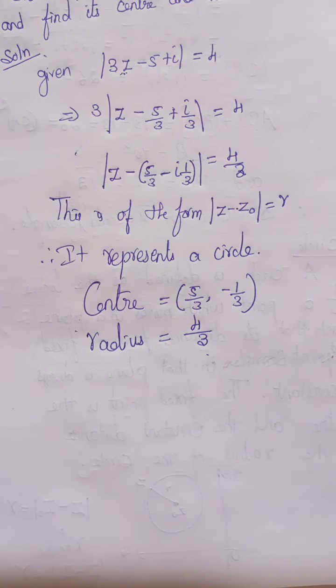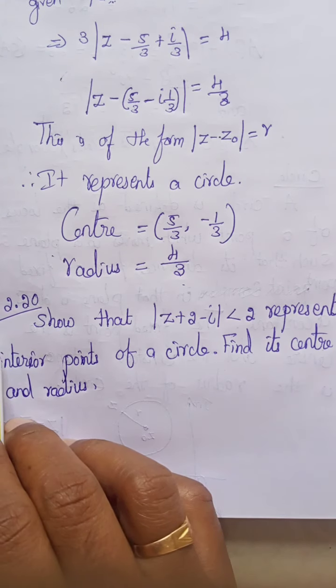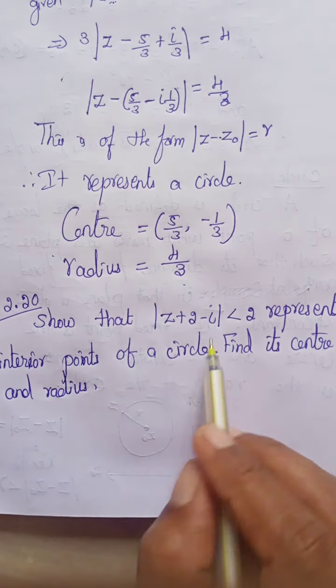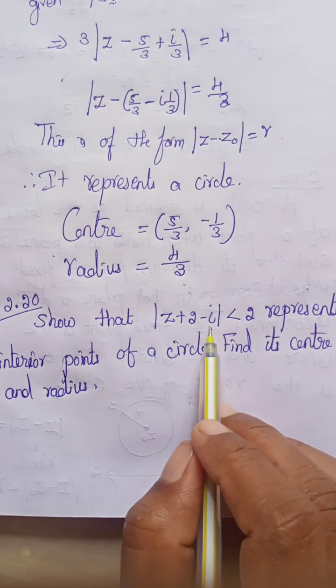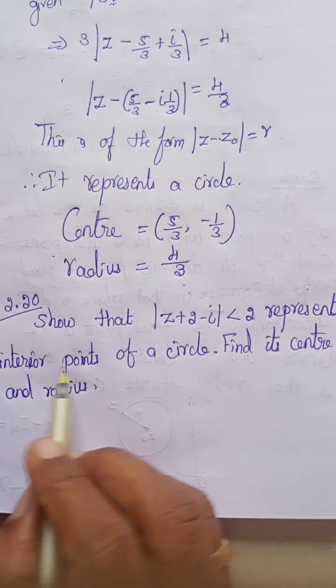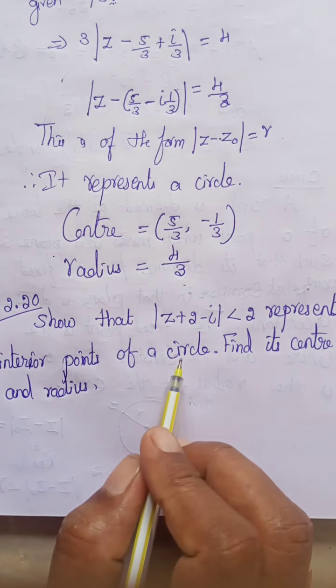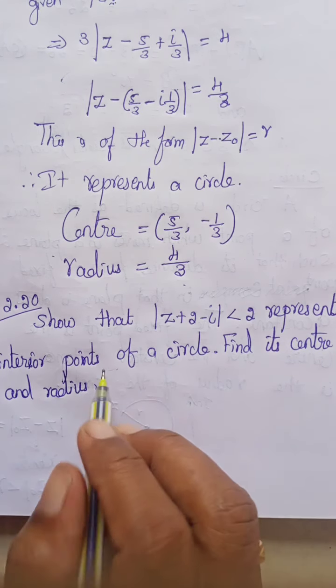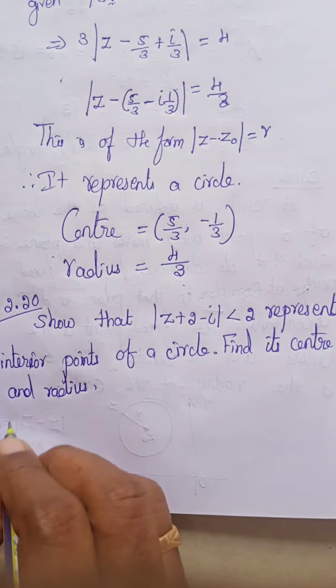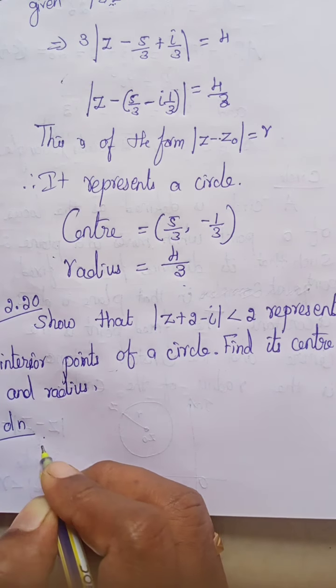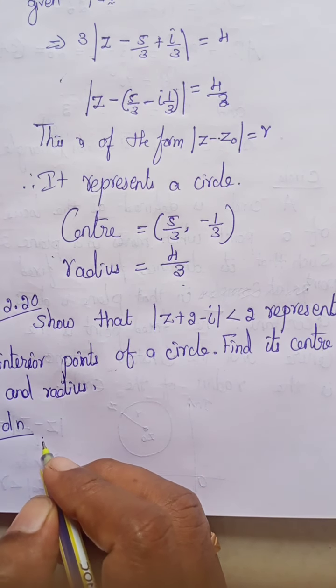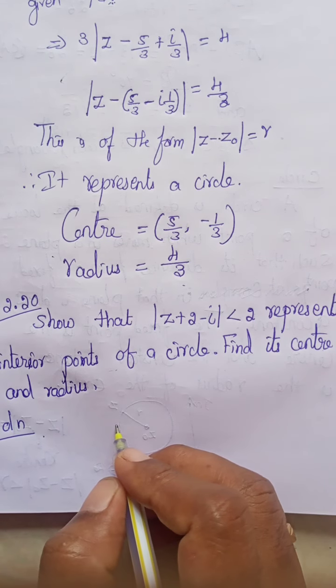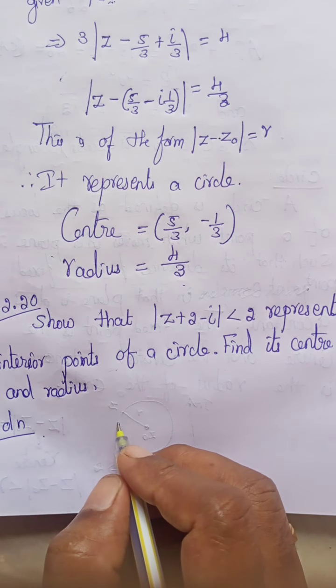Okay. The next example 2.20: show that modulus z plus 2 minus i less than 2 represents interior points of a circle. Find its center and radius. So first we can check whether it is a circle or not. And we should find out what is the radius.